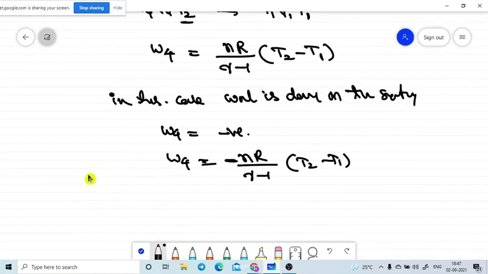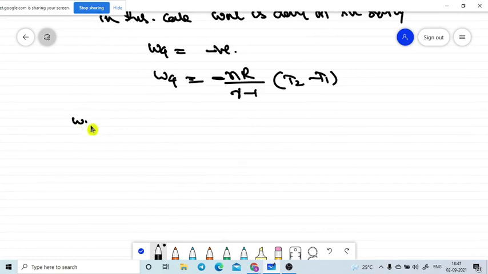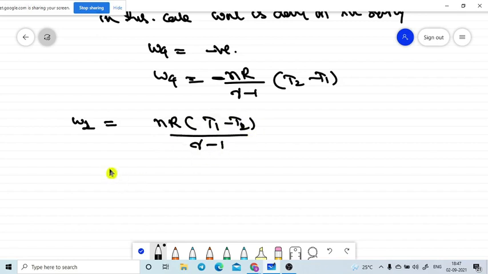So what are the W1, W2? Will you please check that one? W2 is equal to what values we are getting? W2 is equal to nR into T1 minus T2 divided by gamma minus 1, we got. W4 is equal to what we get?